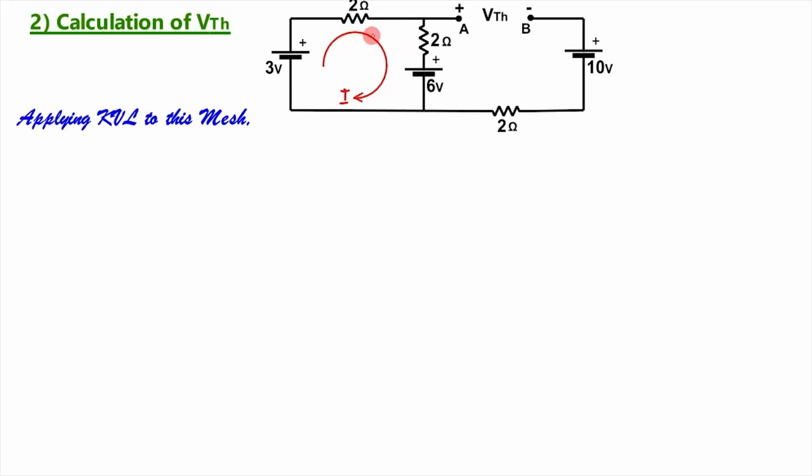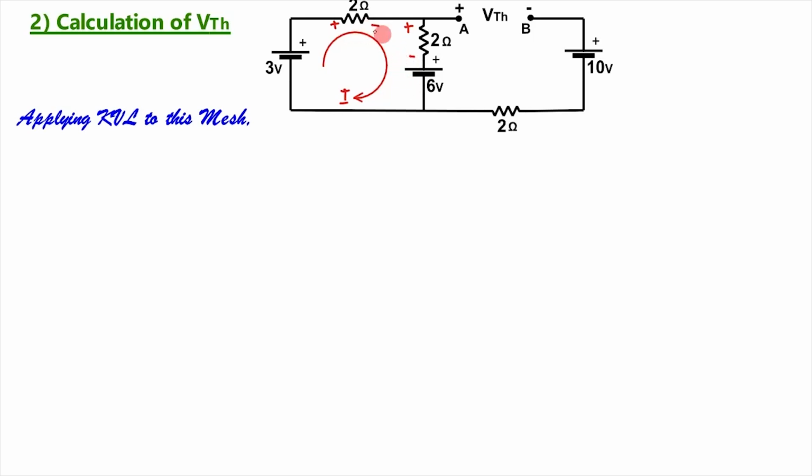As current is flowing in this direction, here current is entering, so it is plus and this is minus where it is leaving. In this resistance, current is entering here and leaving here, so it is minus. In this voltage source, it is minus to plus, so rise in voltage, while here fall in potential is there.